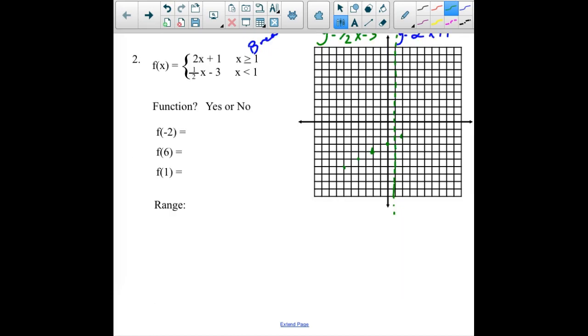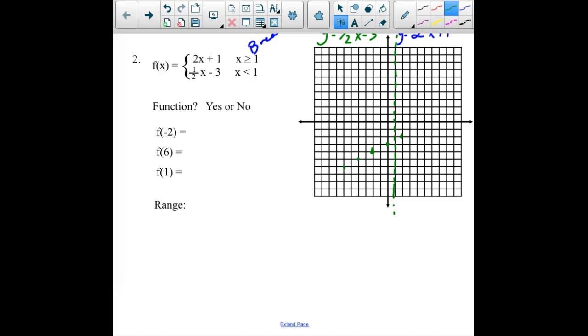But where am I going to hit at this breaking point? At x equals 1. So this is down 2.5. So from here, I would have a dot halfway through this grid. Yes?